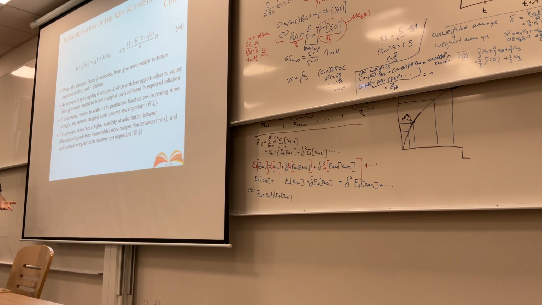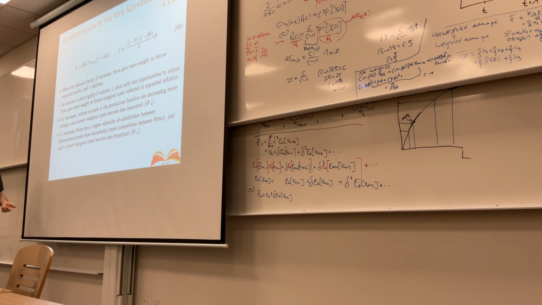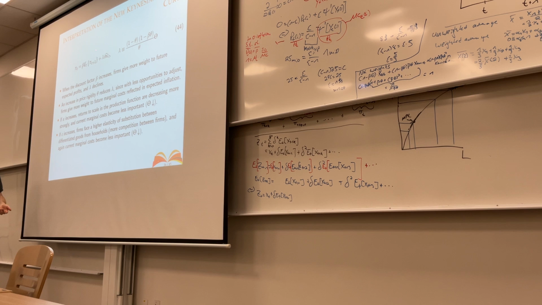So firms do that. They put more weight on expected profits. So you see this expectation term directly, beta goes up there. But also in the weight on marginal cost, beta goes up, minus sign in front of it, lambda goes down. So we're going to see a shift in the New Keynesian Phillips curve, more focus on expected future inflation, less on marginal costs.